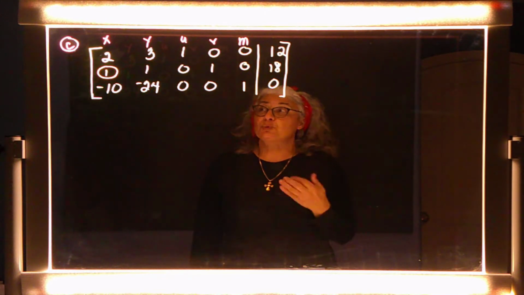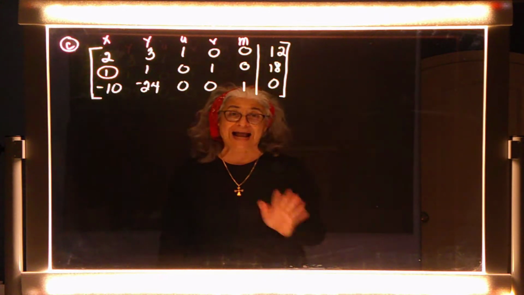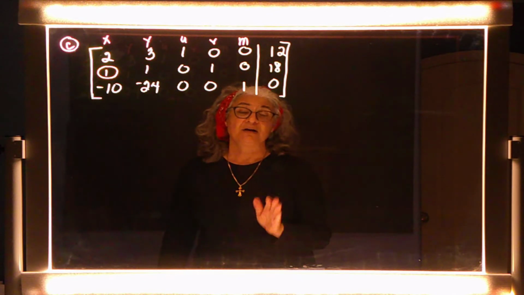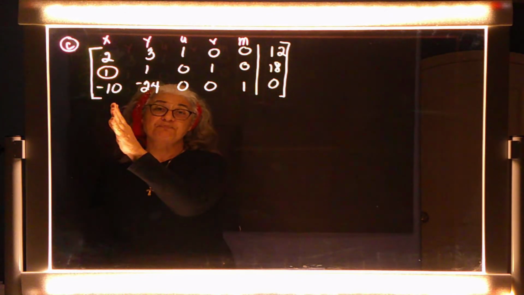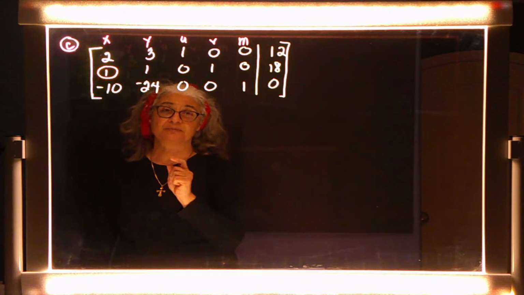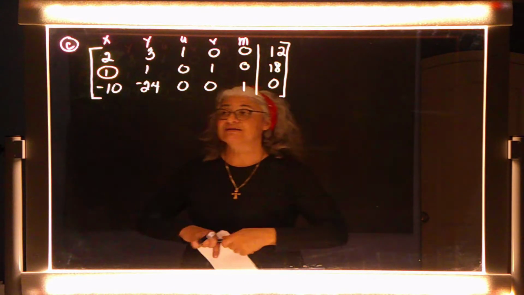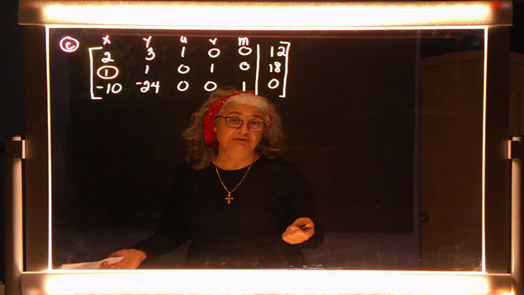Now here's the deal. Gratefully, that number is already a 1. So I don't have to make it into a 1. But since it's in the first column and it's done, I need to make the other two non-pivot numbers in that first column to be zeros. So that's our task. So we have one less step to do.